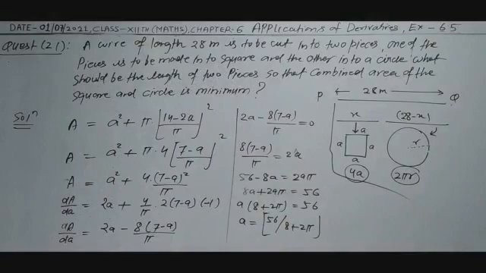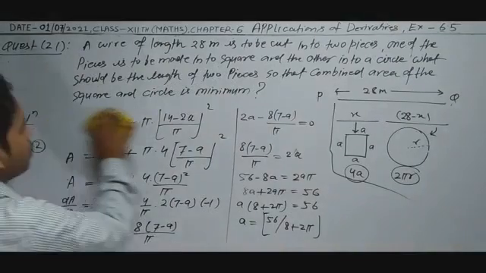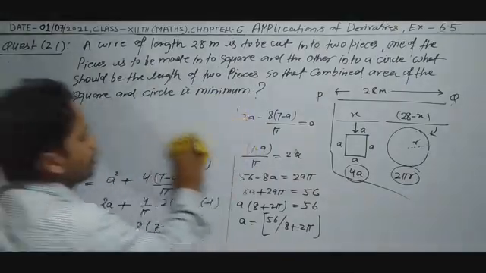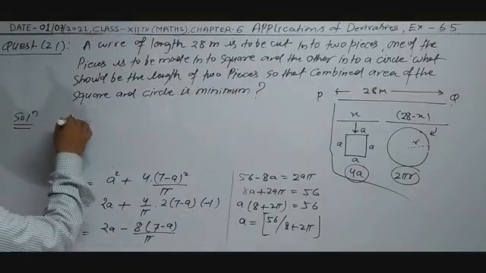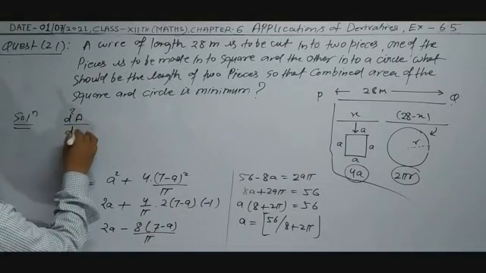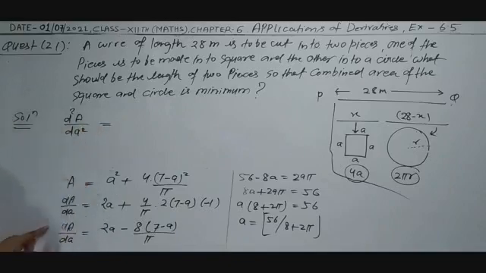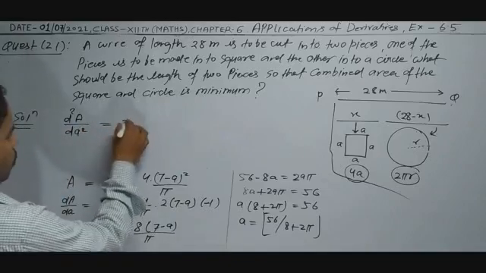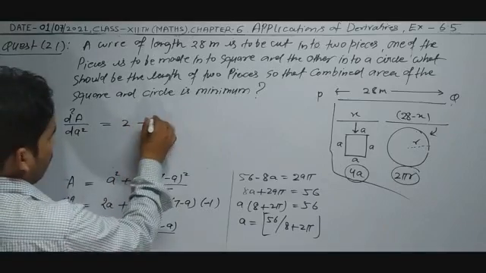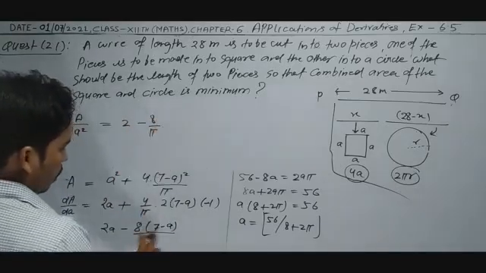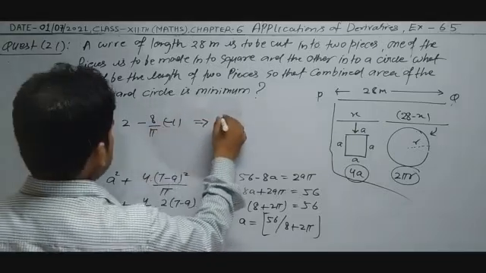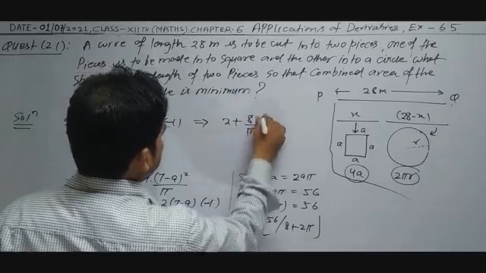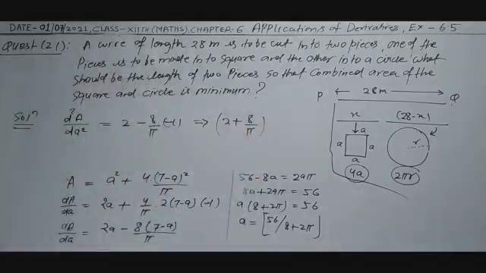So now again find the second derivative. What is the result? Second derivative d2A upon da squared will be equal to 2 minus 8 upon pi times minus 1. So the result will be 2 plus 8 upon pi, the second derivative.